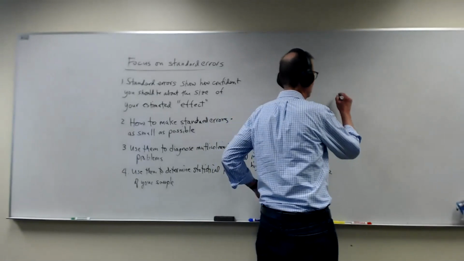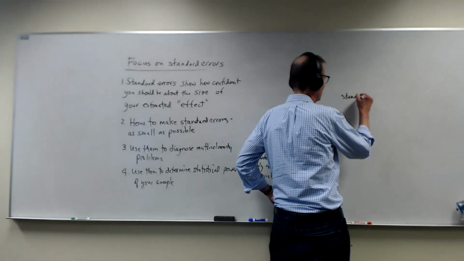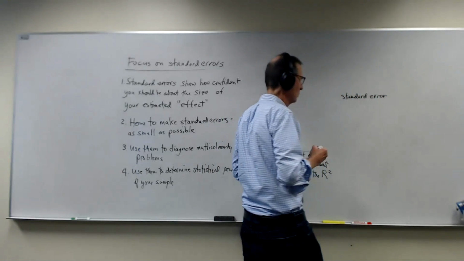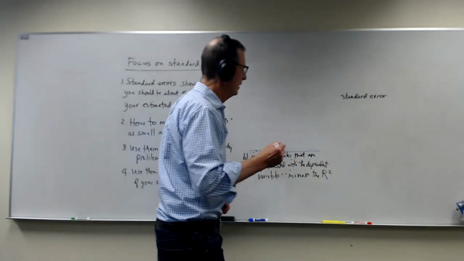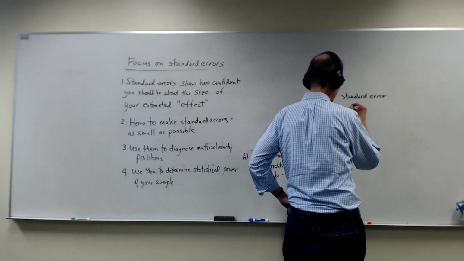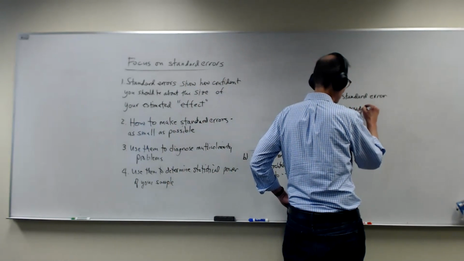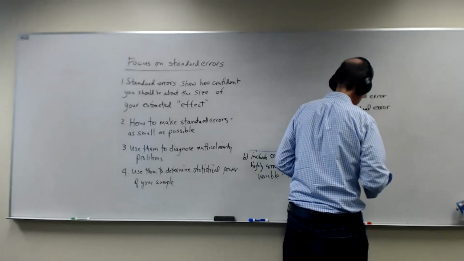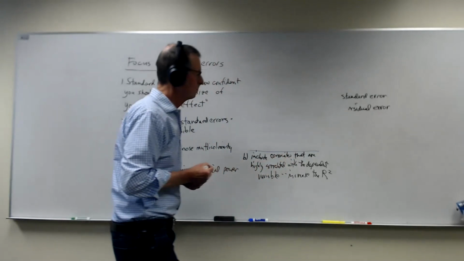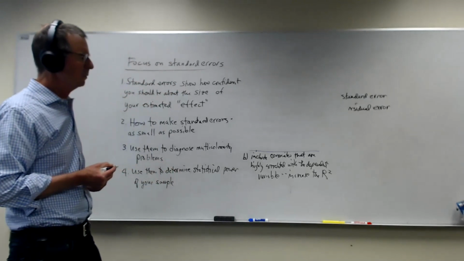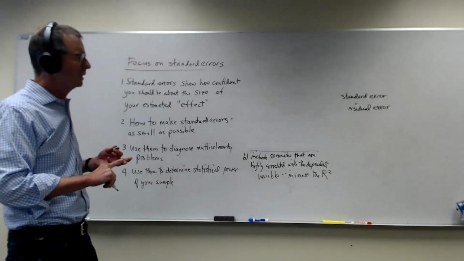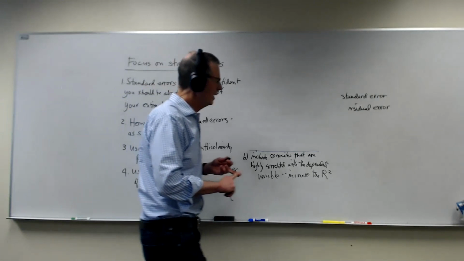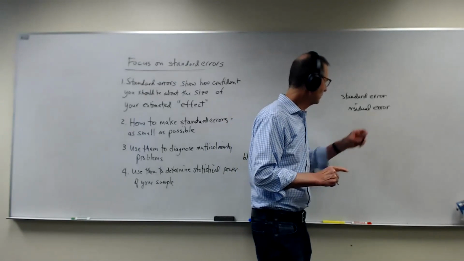If you look at either Gordon or Wooldridge, the standard error is essentially a function of the residual error, the residual sum of squares. It's actually the root mean squared error, where root is square root, mean is average, and the squared error is just the error sum of squares.